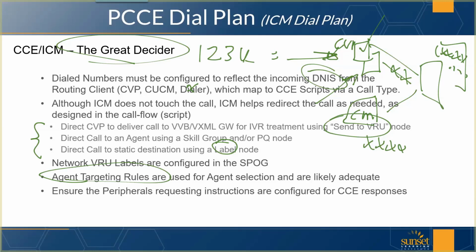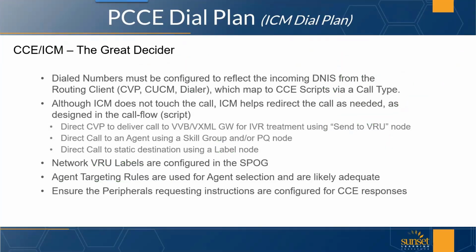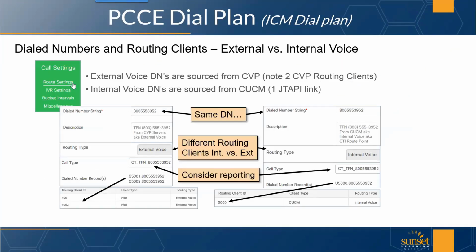And of course, the peripherals that we're delivering our route responses to also need to be properly configured, so both ends of the communication path understand what's going on. If we look at the SPOG and come to call settings, route settings, here is where we'll deploy our dial numbers.